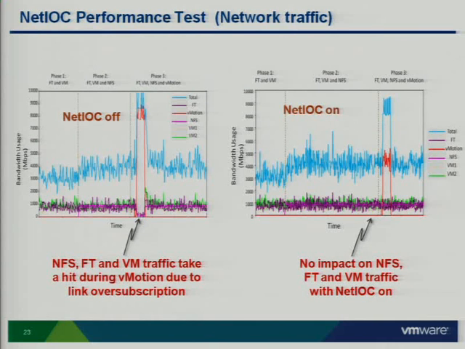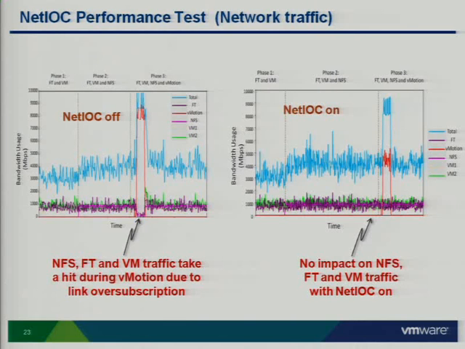And here is an illustration of the actual traffic bandwidth being used. The blue line is the total amount of traffic, and the red line is the vMotion traffic. On the left, without network I/O control, during the vMotion you see a sudden jump in the vMotion traffic, and the rest of the traffic dips.